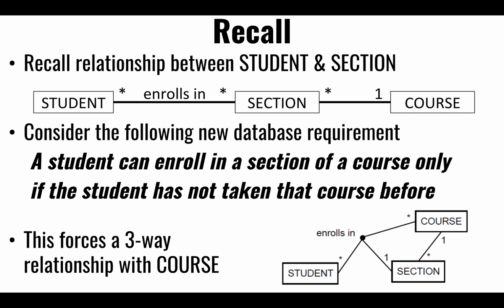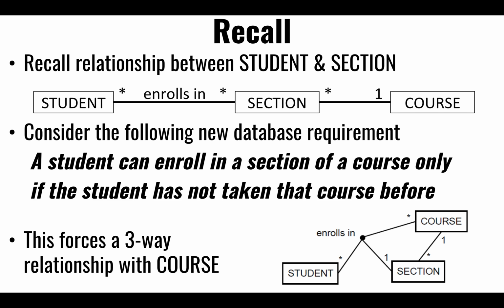You can only enroll in that course if the student has not already been in that course, meaning you can't have the same course twice. That makes sense. That's a reasonable constraint. You can't enroll in 5200 twice. But notice that in our original data model, there was no way to capture that information. There's no way for us to know that you were already enrolled in that course.